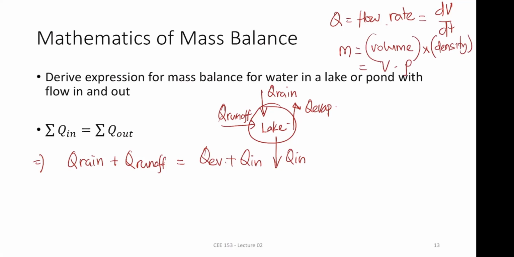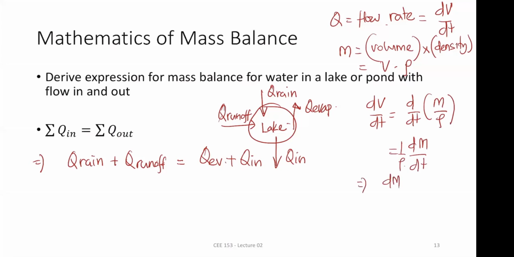Density is constant, so if you write dV by dt, volume can be replaced by mass over density. Then it becomes dm by dt times 1 over density, or another way to say it is dm by dt is density times dV by dt. And the density of water is a constant.